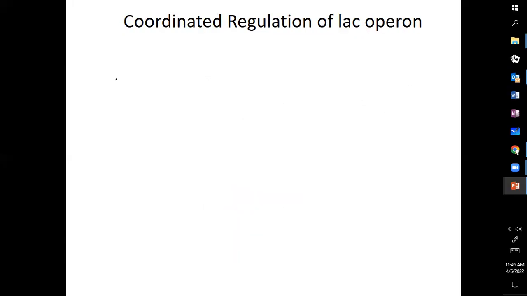So let's think about both glucose and lactose concentrations and how that causes a sort of coordinated regulation. We can think about it at the molecular level, but also kind of back off the details and think about the big picture. Imagine yourself as a bacteria swimming around in a nice rich media of glucose or not, and whether or not you have lactose.